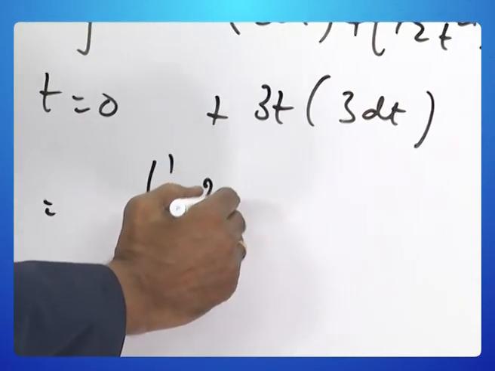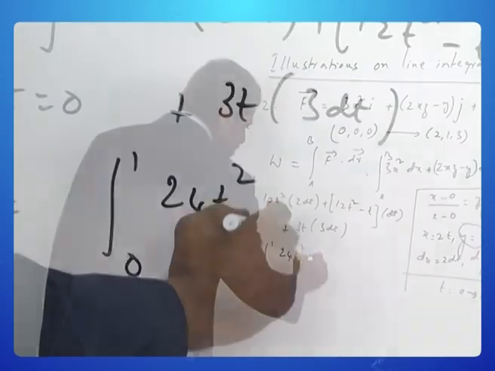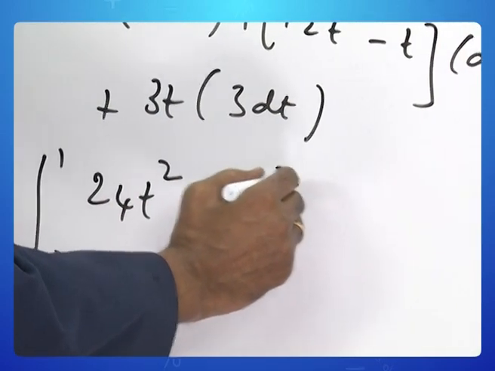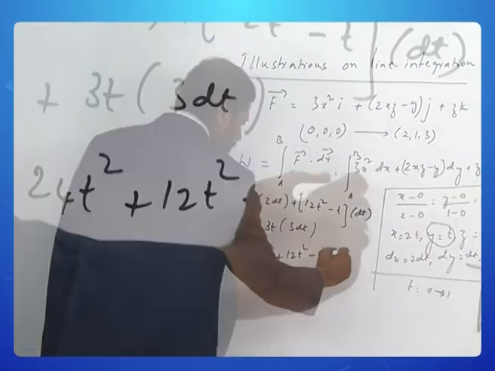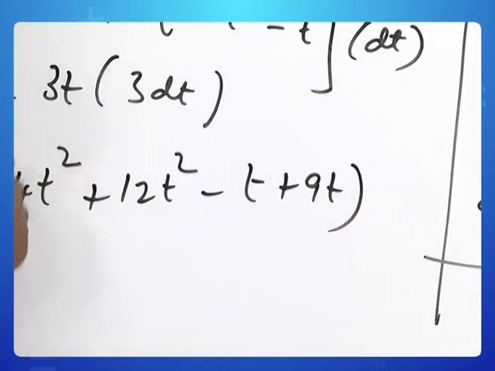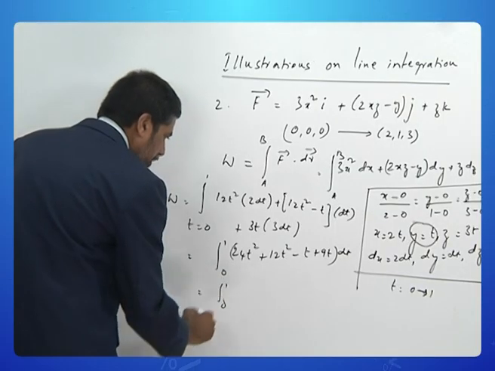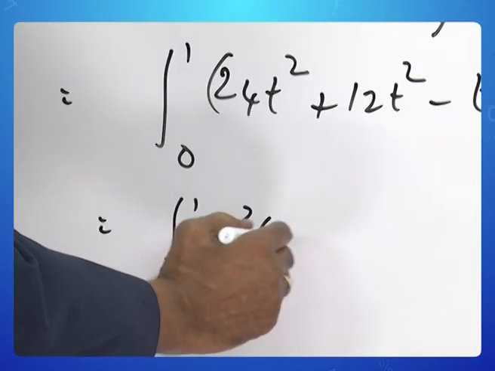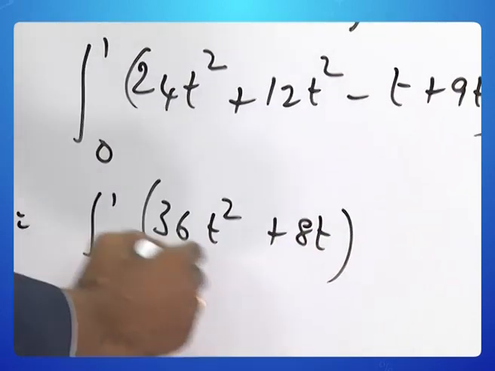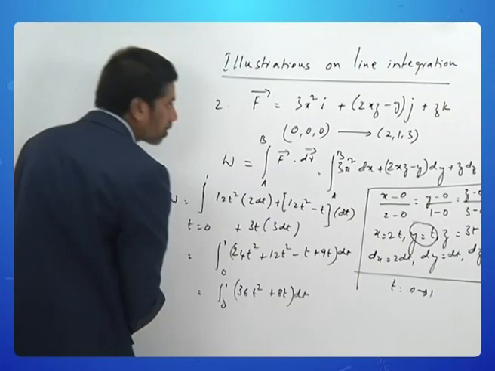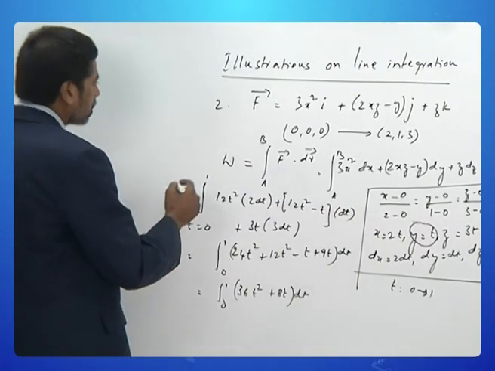This becomes 24t squared plus 12t squared minus t plus 9t. So this should make it 36t squared plus 8t. And you can find that this integration is pretty straightforward.